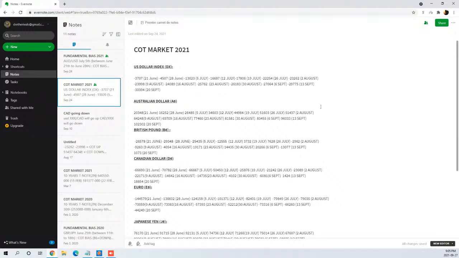For the DAX, we see it's an uptrend because it's a negative bias: minus 29,775 to minus 30,394. Since it's going down in value, we're looking to buy the US dollar. If you look at the trend since June, the US dollar is still going up.